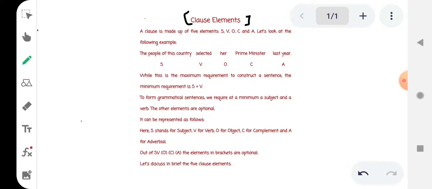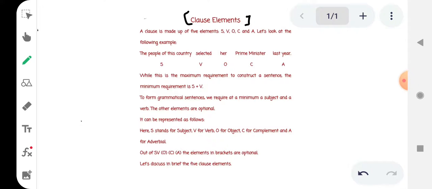In a sentence there can be one or more clauses. In each clause there can be a maximum of 5 elements and a minimum of 2 elements.